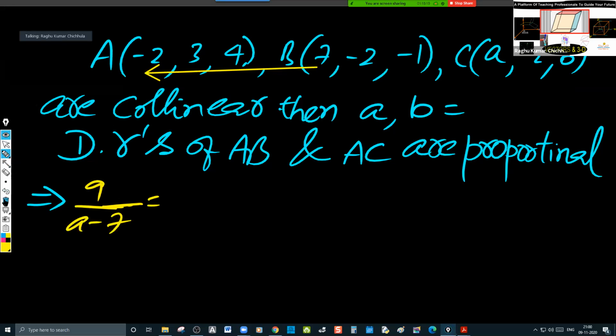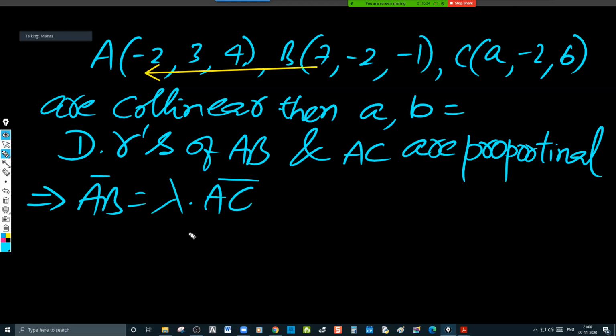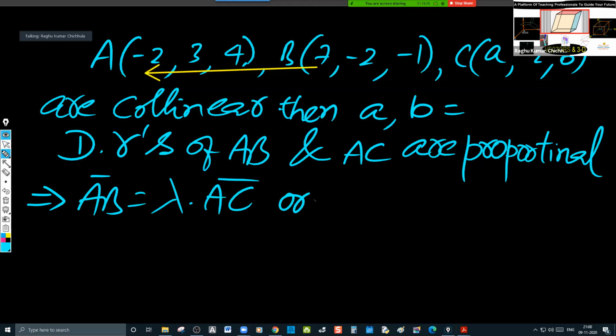I'll tell you, Manas, whatever you said now is nothing but the same. What I'm explaining is very much similar to that only. You said AB bar is equal to lambda AC bar, no? I'm telling this as OB bar minus OA bar upon OC bar minus OA bar is equal to lambda.